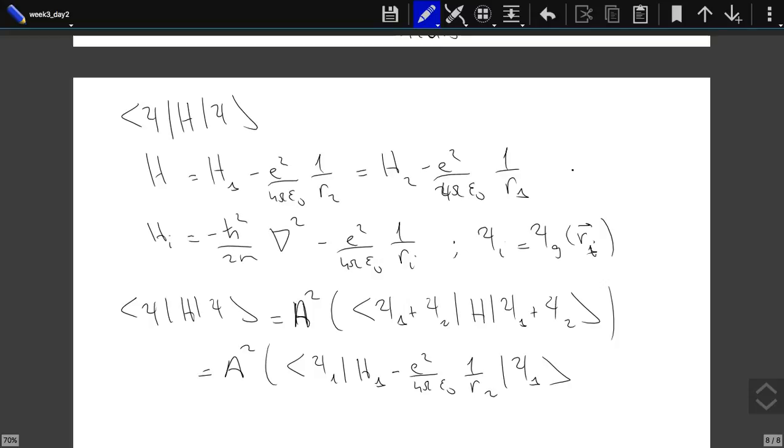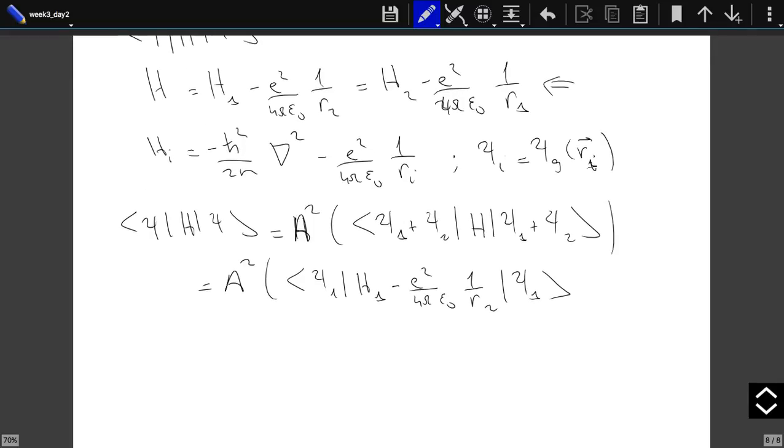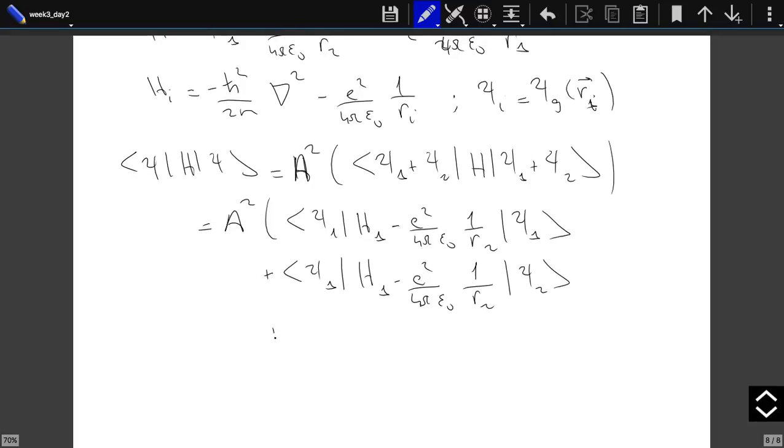Well, I can choose both of these representations to write H. They're equal. In this one, I prefer to keep the H1 because I already know how H1 acts on psi 1. Psi 1 is an eigenstate of H1. That is why I choose this one. Plus psi 1, H1 minus e squared over 4 pi epsilon 0, 1 over R2, psi 2, plus the remaining terms. I will not write them.